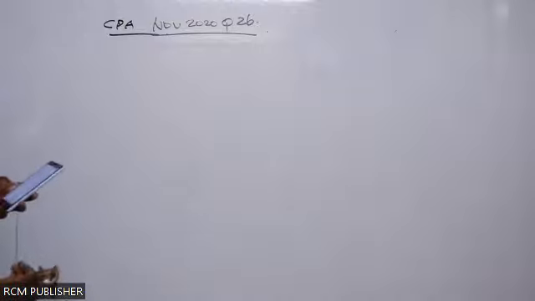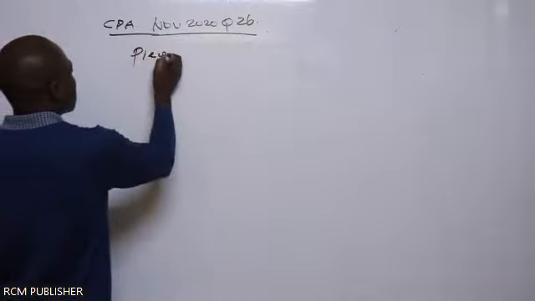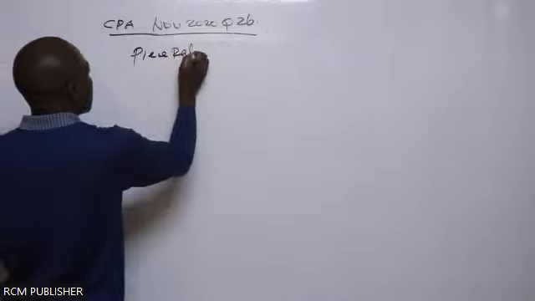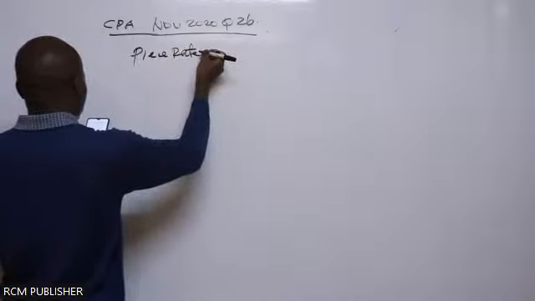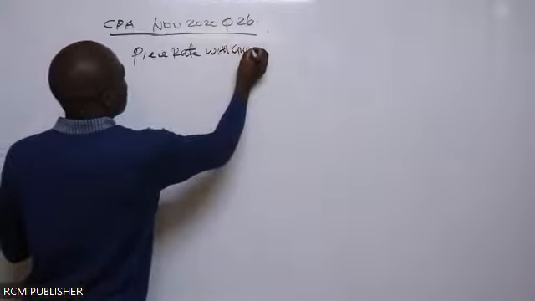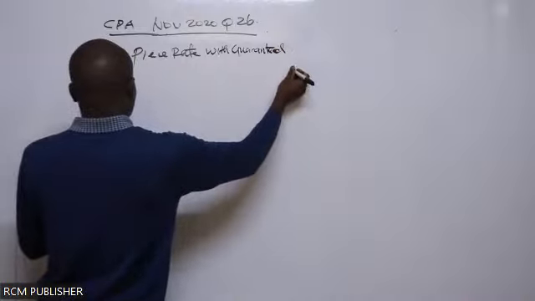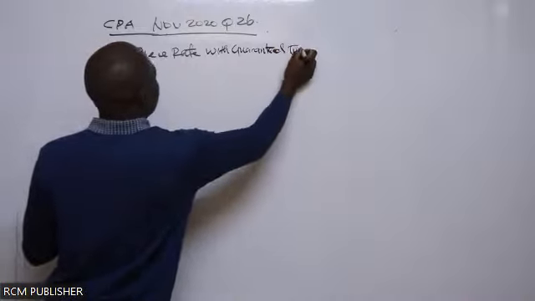So the question reads, a company uses two methods to remunerate its casual workers as follows. The piece rate with guaranteed time rate. So I want to look at what will be paid under piece rate with guaranteed time rate.